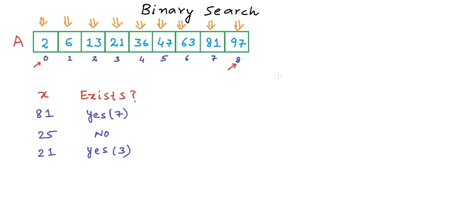And if I have to write a code for this, it will be pretty straightforward. Let's say I want to write a method search that takes an array A, its size n, and the number x to be searched for. The code would be, we will run a loop starting 0 till n minus 1.